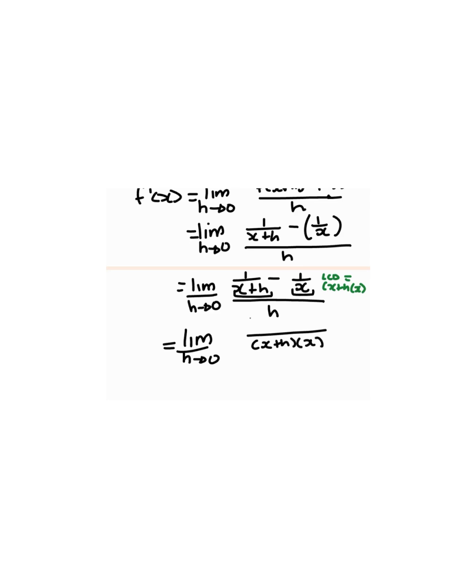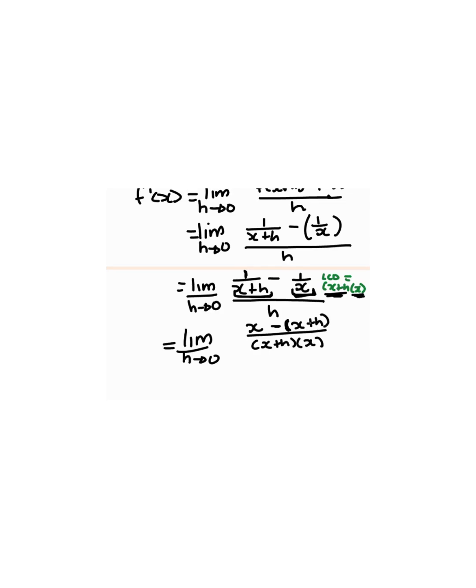Then you check the first one, because it has a denominator of x plus h, it means I just multiply with x. So that's 1 times x, minus, and then the other 1 has a denominator of x. It doesn't have the x plus h, so I'm going to say minus bracket x plus h.